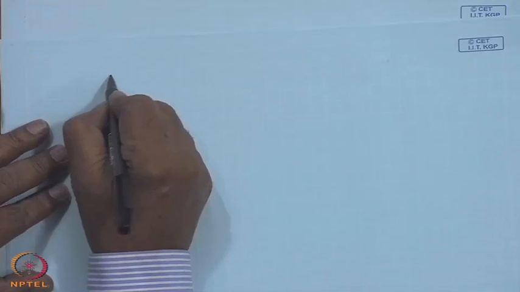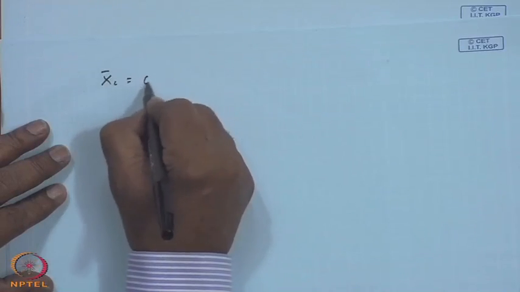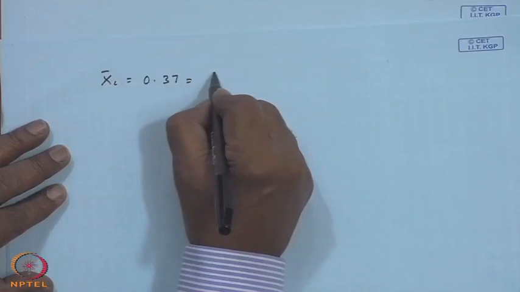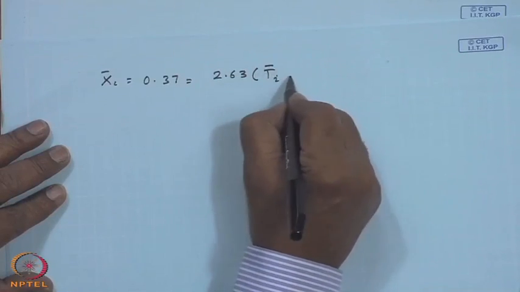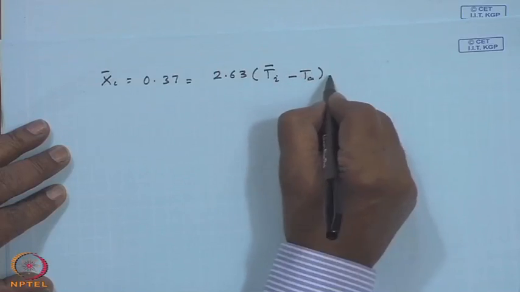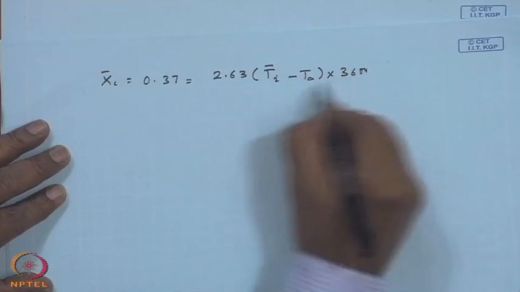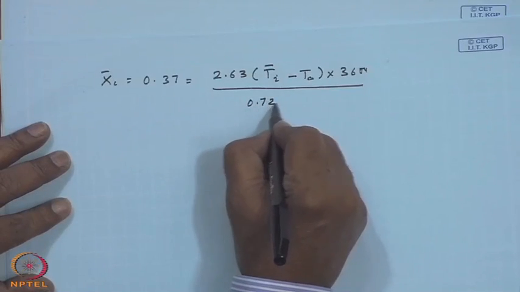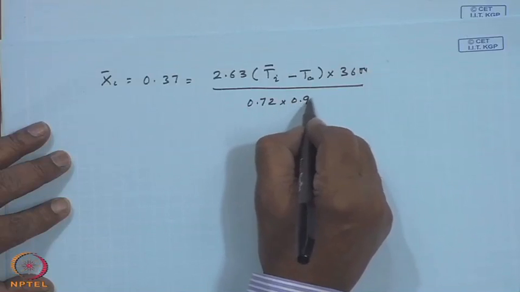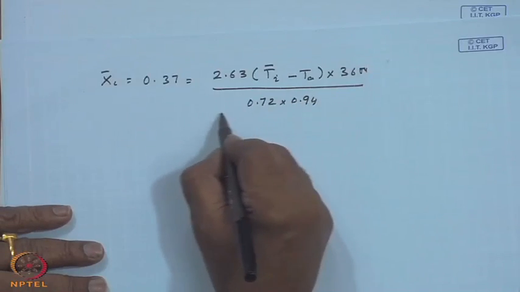So, this is caused by a certain temperature difference. So, I will not go about the roundabout way. X c bar is straightforward, equal to 0.37, equal to 2.63 into that suggested average inlet temperature minus T A times time unit, F r tau alpha normal into tau alpha bar by tau alpha n.